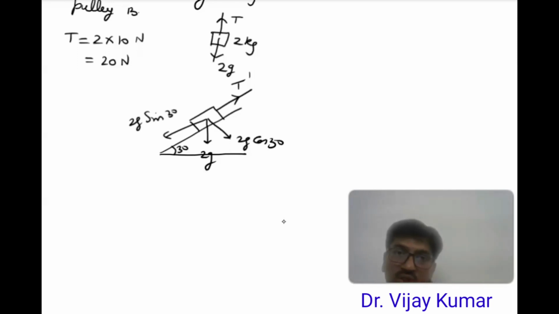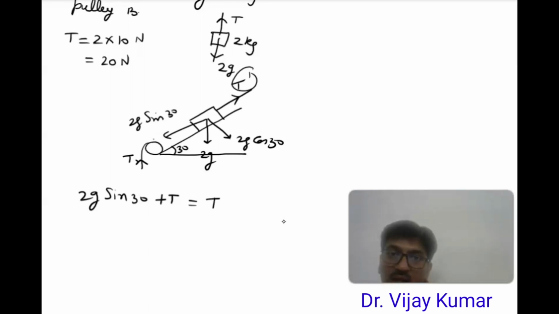If we see the diagram, 2g sin 30 and the tension T acting in this direction, so 2g sin 30 plus T should be balanced by T dash.